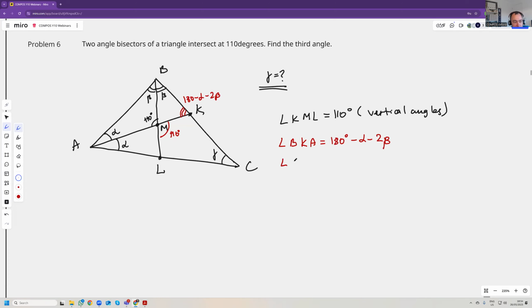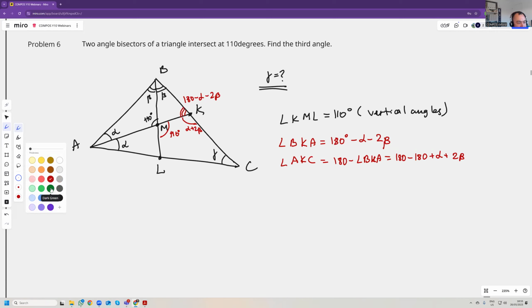Now angle AKC, this angle, is going to be 180 minus angle BKA, which is 180 minus 180 plus alpha plus 2 beta. So this is alpha plus 2 beta. Okay.